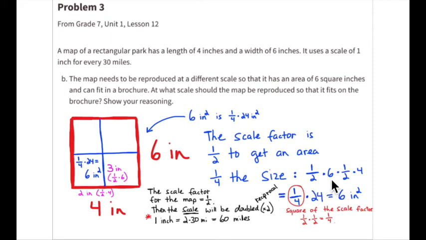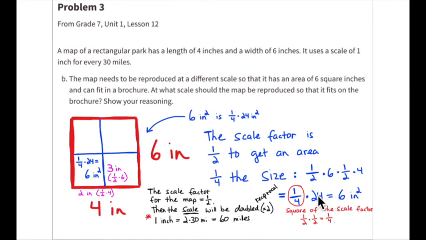So 1/2 of 6 is 3, 1/2 of 4 is 2. But notice what you're doing to get to the area. What you're going to do is multiply 3 times 2, but that's 1/2 of 6 times 1/2 of 4. 1/2 times 1/2 is 1/4 of 24 equals 6 square inches.